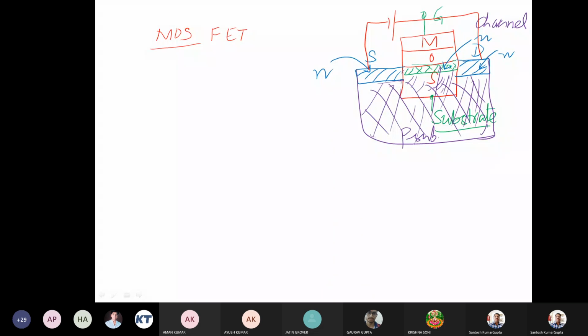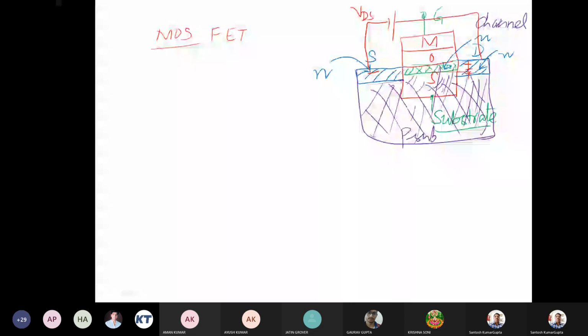We call this VDS, the potential between the drain and source, which will establish an electric field. If we apply such a voltage source across drain and source, the drain is going to be at higher potential and the source at lower potential.